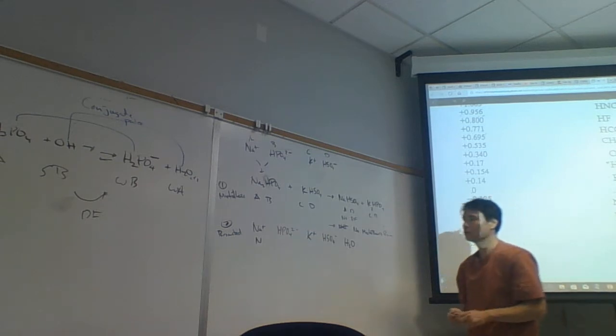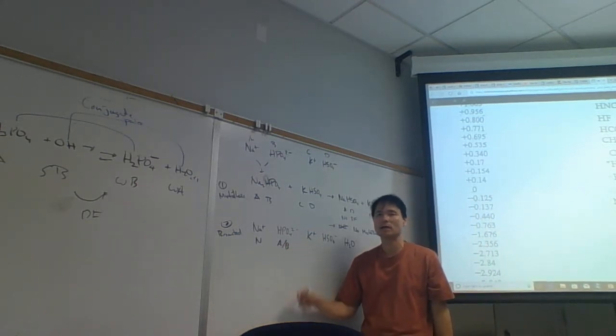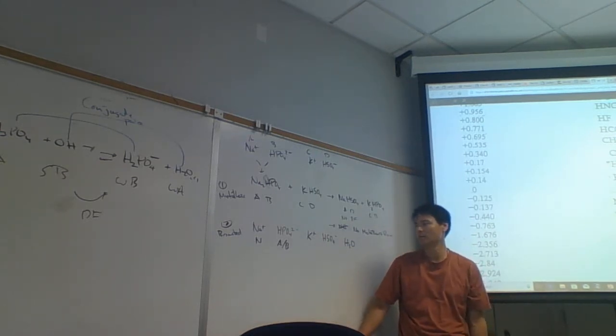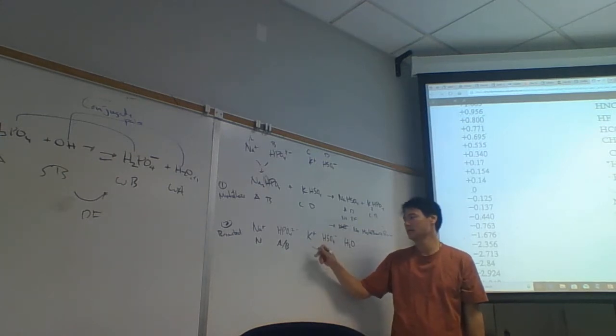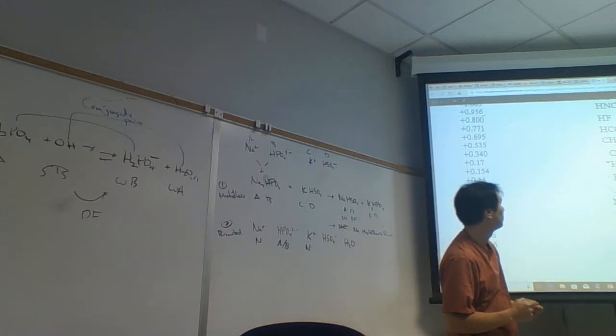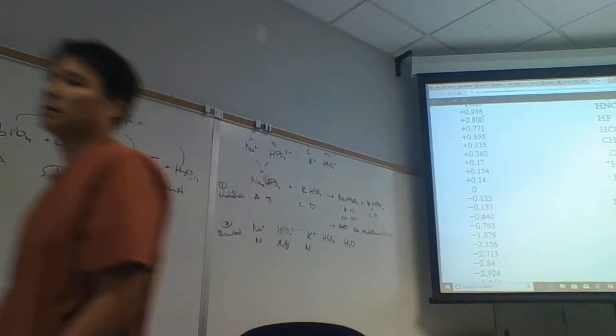Amphoteric. So HPO4 2 minus is amphoteric. It's both an acid and a base. So we'll just write A/B because we don't know. Do we know which way it's going to react? No, not yet. Not until we combine it with something. Potassium ions, neutral. HSO4 minus, it's an acid, yes. Sure, it's an acid.